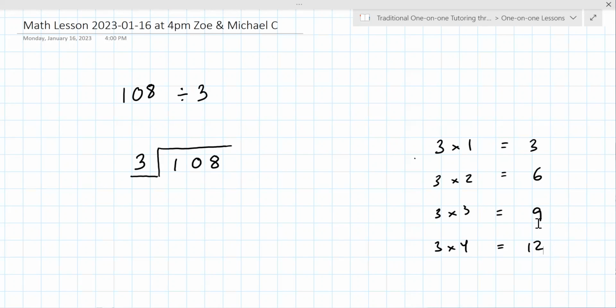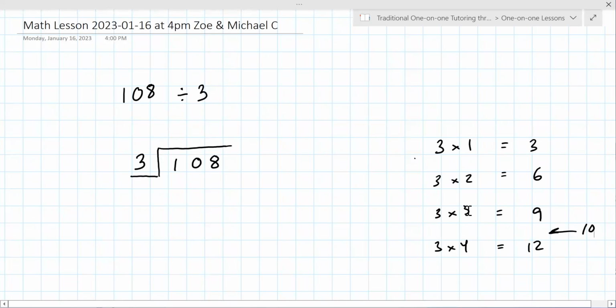Between 9 and 12. So you choose the smaller number between 3 and 4. So 3, and that goes above the 0.